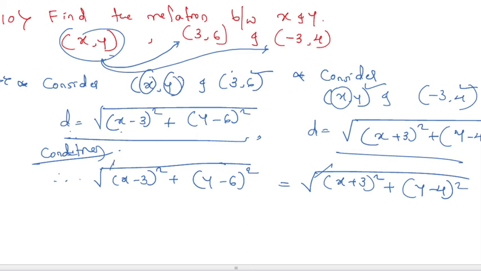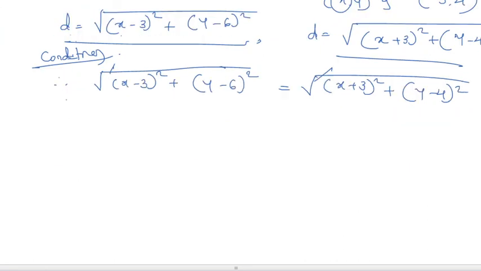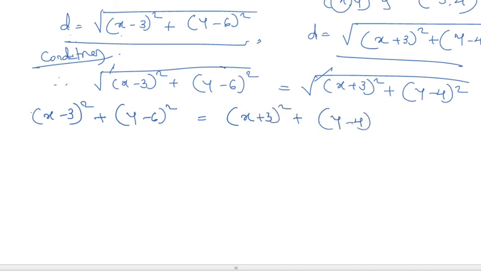Now what remains? (x minus 3) squared plus (y minus 6) squared is equal to (x plus 3) squared plus (y minus 4) squared. Simplify this one.